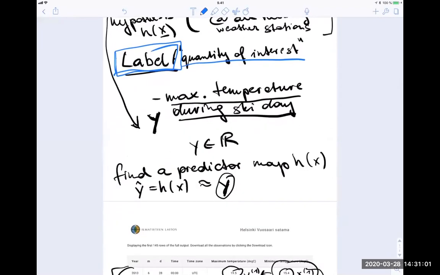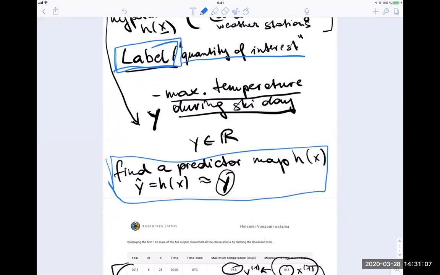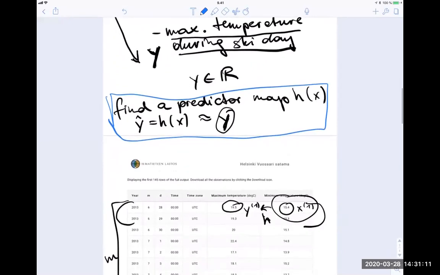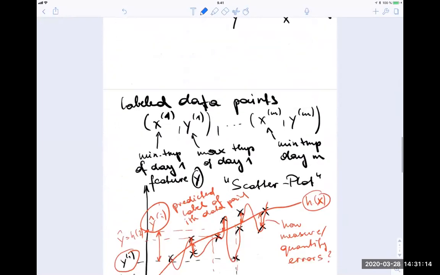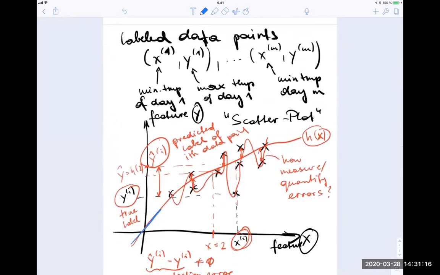And how do we do it in machine learning? Well, we try to find a predictor map that belongs to some subset of functions, for example, the subset of linear functions, and we try to find the best such function or predictor map out of this hypothesis space based on some data points for which we know the labels.